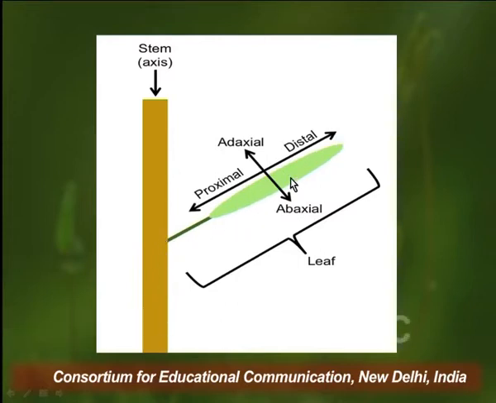A leaf will have 4 different ends. The outermost end is termed the distal end, the one towards the axis is termed the proximal end, and the upper side of the leaf pinna is called the adaxial side, and the lower side is termed the abaxial side.